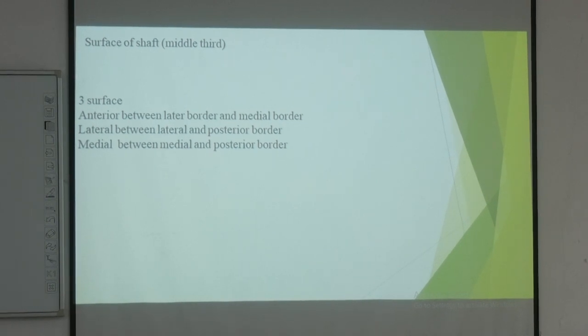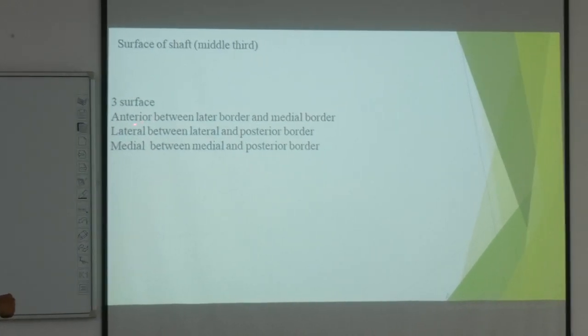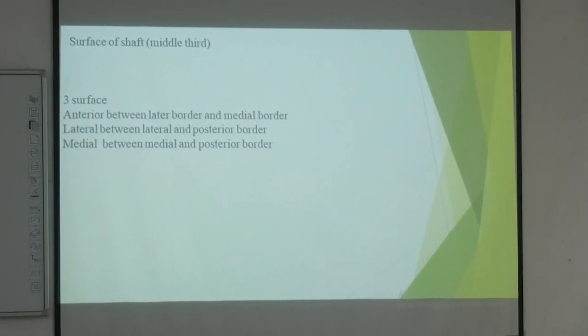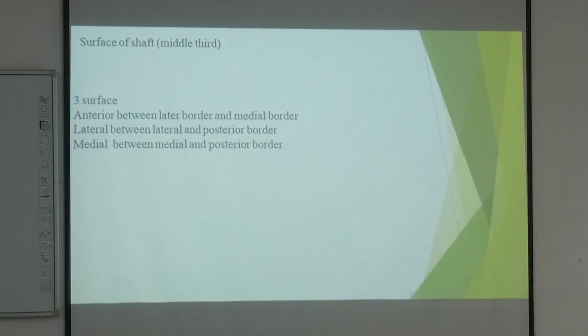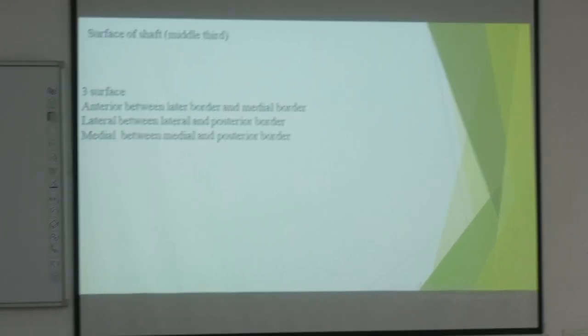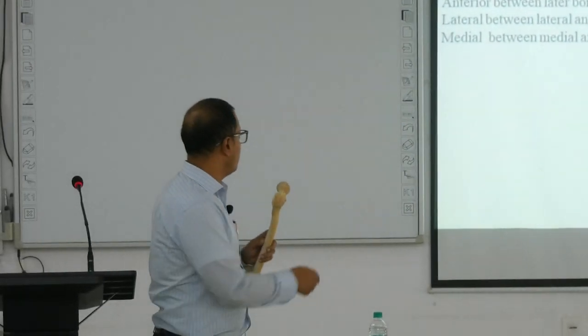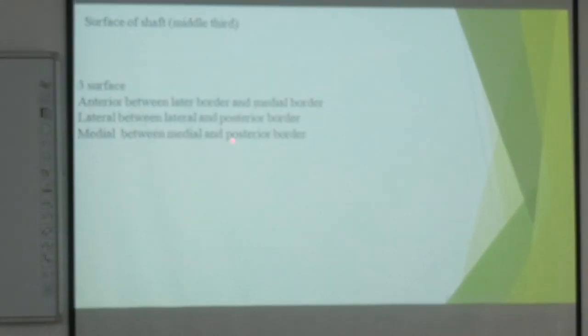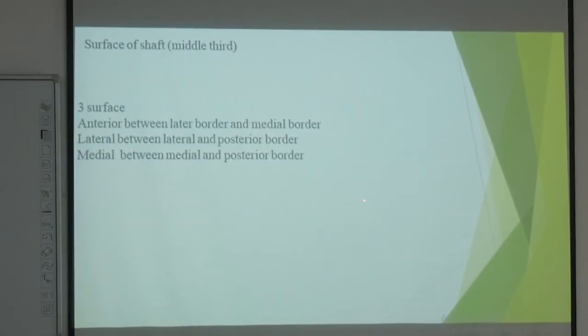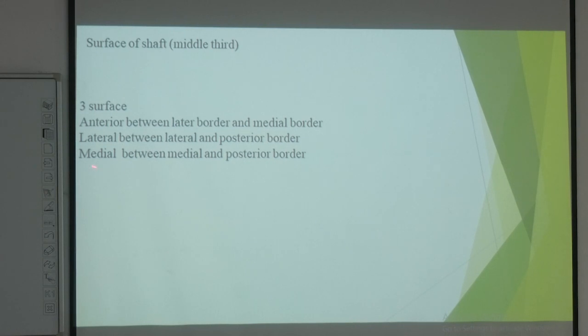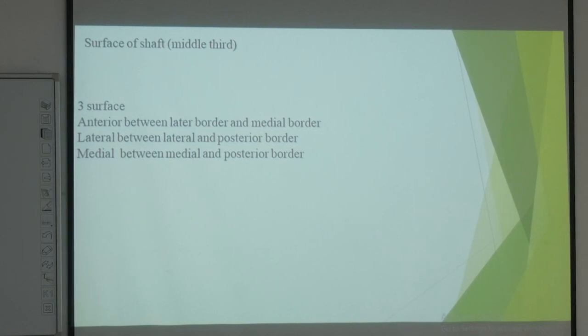Then we identify the medial border: between the medial border and the posterior border, which is the linea aspera, we have a surface. We call it the medial surface. Then again we go to the lateral border. Between the lateral border and the posterior border, we have a surface. We call it the lateral surface.